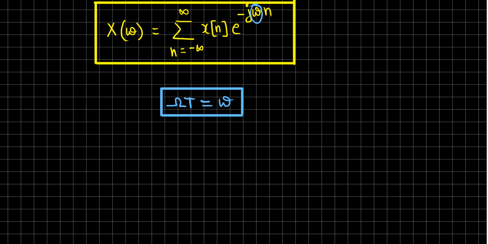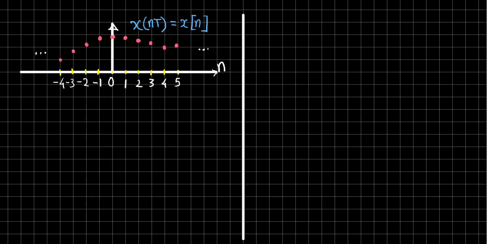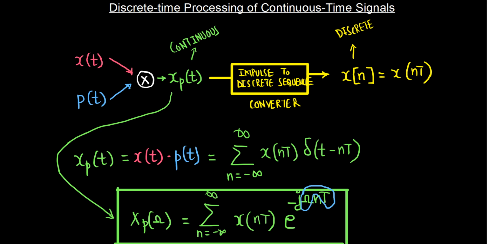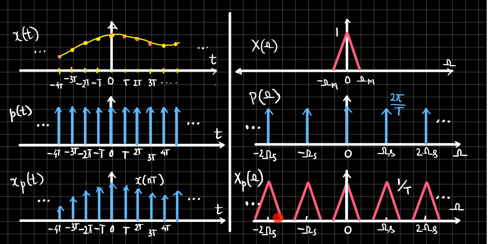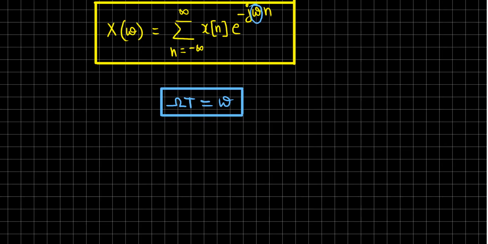What it means is the Fourier representation of this discrete signal or discrete sequence is going to be the same as that of the continuous signal. The only change is going to be in the scaling factor. That scaling factor is this capital T. So let me write that once again.